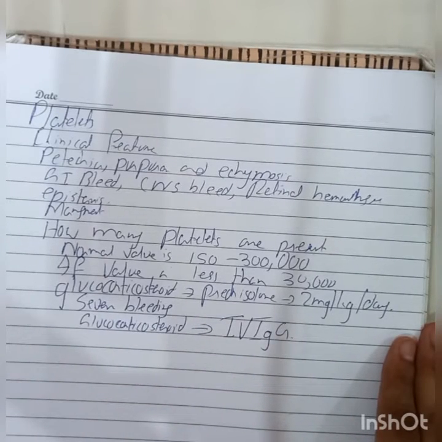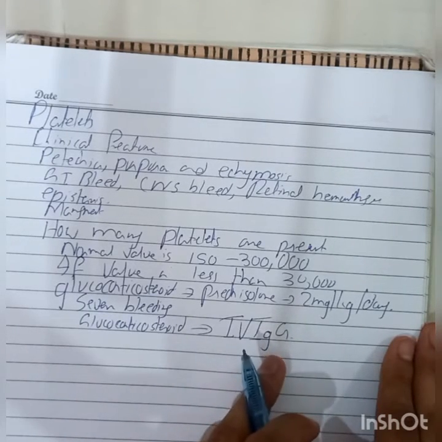Intravenous immunoglobulin G will bind with the Fc receptor of the antigen antibody complex. So the IV IgG will prevent the premature removal of platelets from the spleen. So we have to give IV IgG.